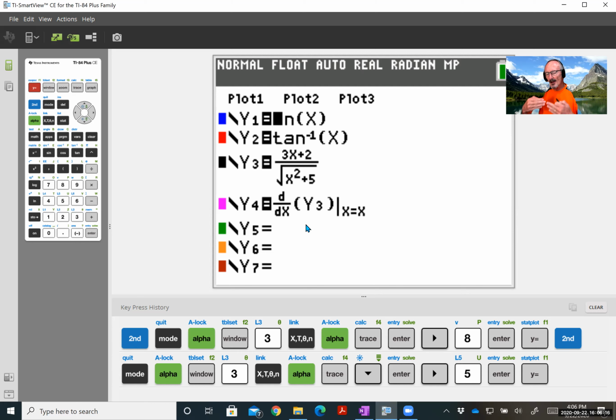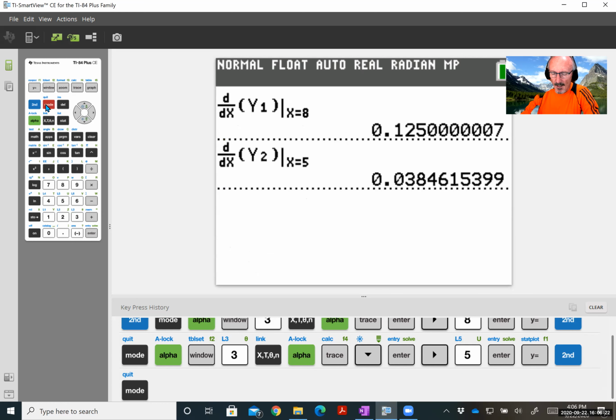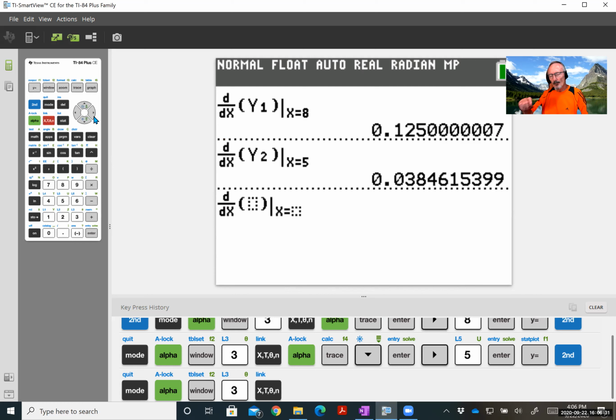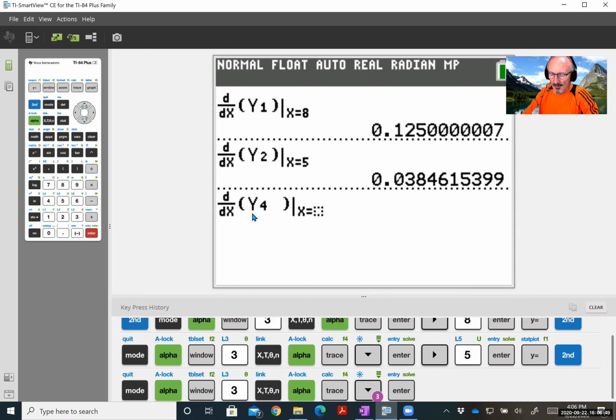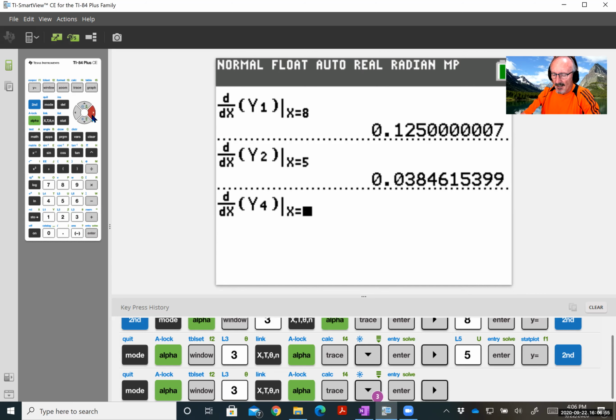But remember, we want to evaluate the second derivative, so when I come to the home screen, second quit, what I'll do is take the derivative, so that's alpha, window, option 3, and with respect to x, but remember, the first derivative is in our y sub 4 function, so we want to take the derivative of that to get the second derivative, and so I'm going to go to alpha, trace, and we will select 4, and when we take this derivative, this is already a derivative, so that will give you the second derivative, and we are evaluating at 1/2, which can be entered as 0.5.